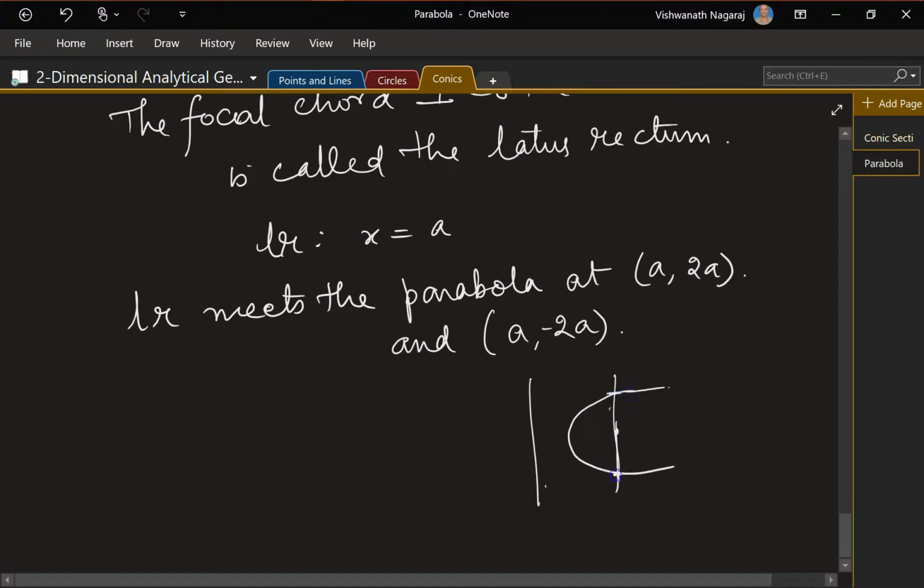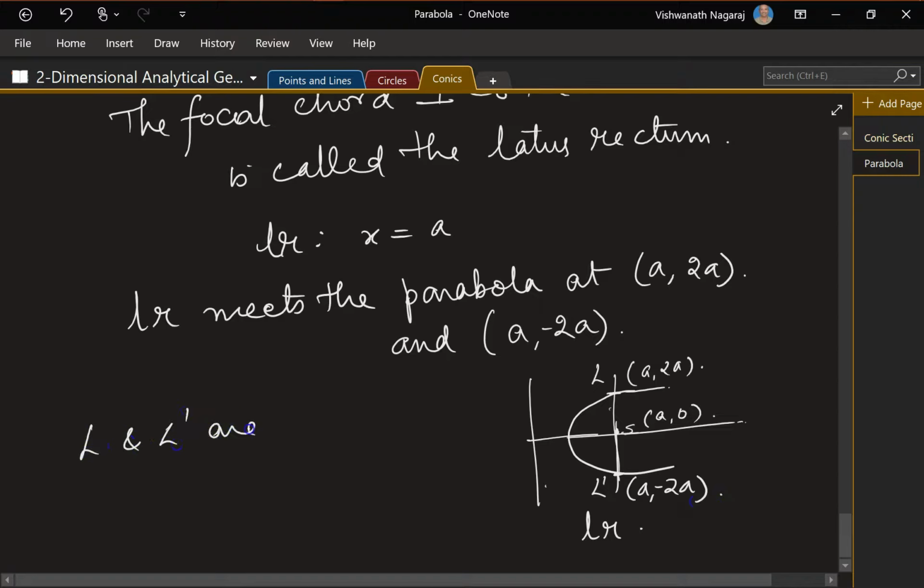The line from here to here is called the latus rectum, and this is the focus. This is the x-axis. This is going to be a comma 0, and let's say L. This would be a comma 2a, and let's say this is L prime, and this would be a comma minus 2a.